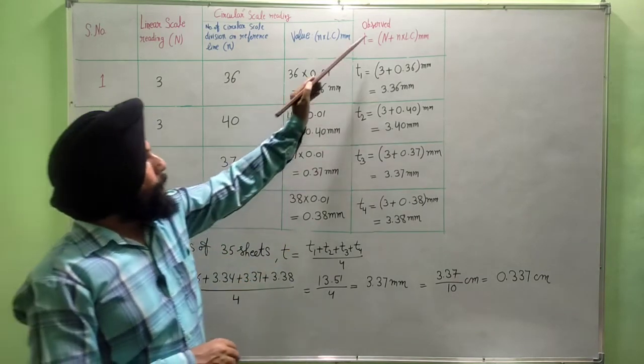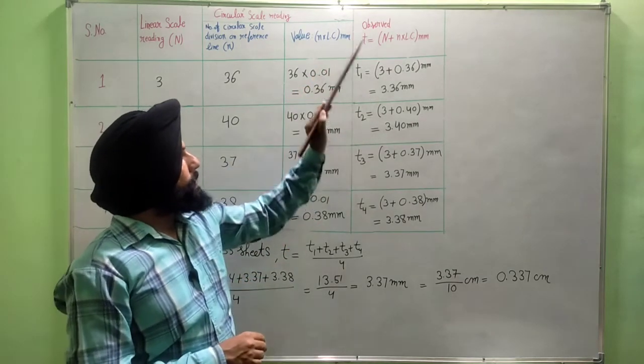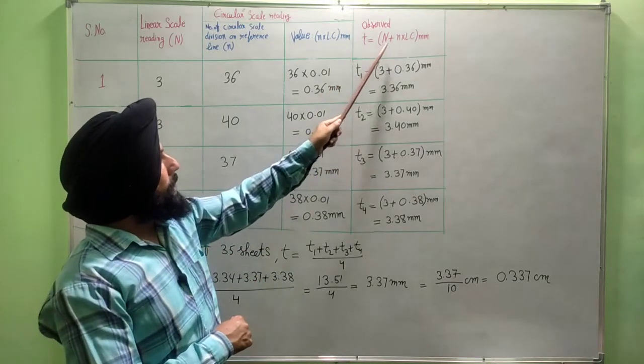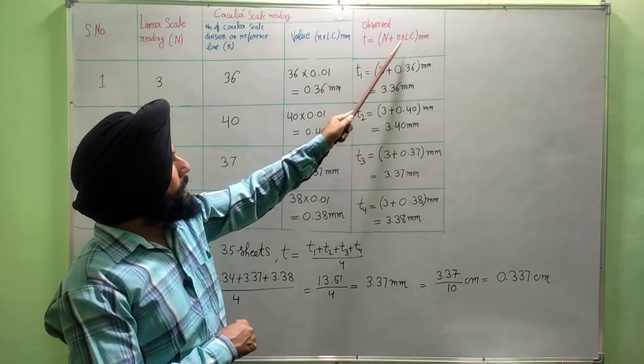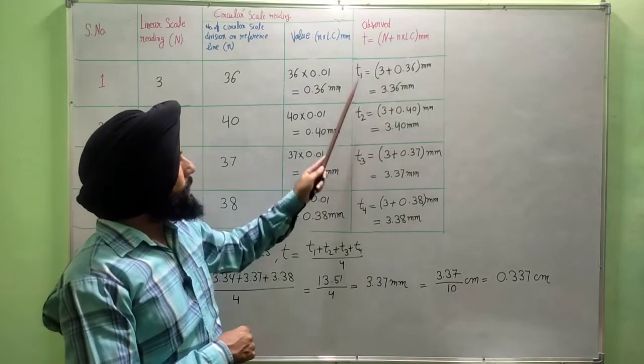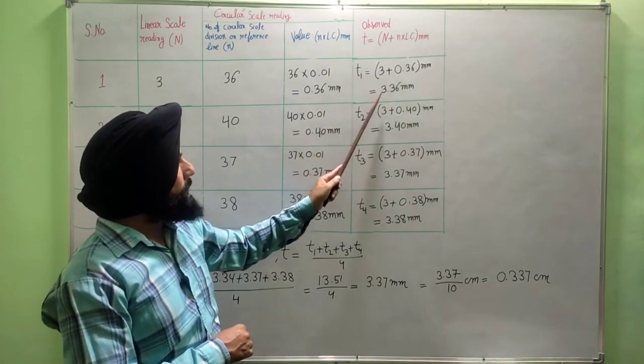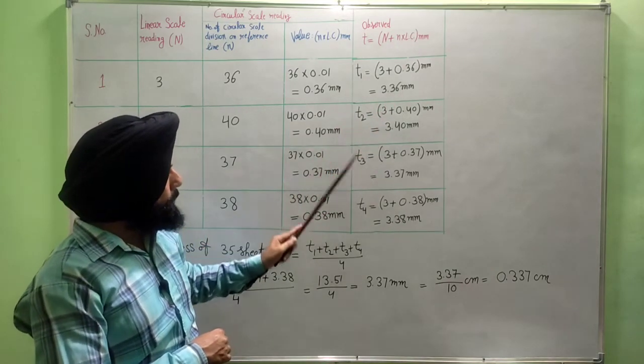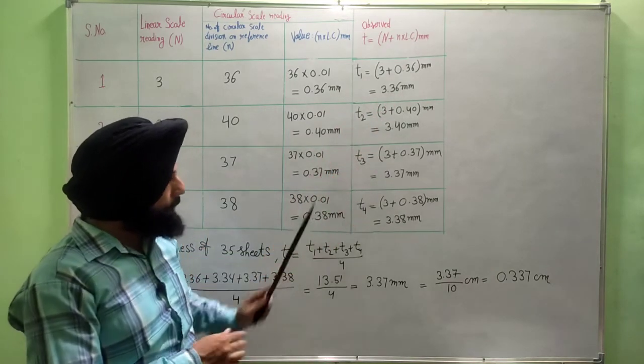Now for the observed reading thickness, I am using the formula capital N plus small n into least count. In the first case T1 is 3.36 millimeter, similarly T2, T3 and T4.